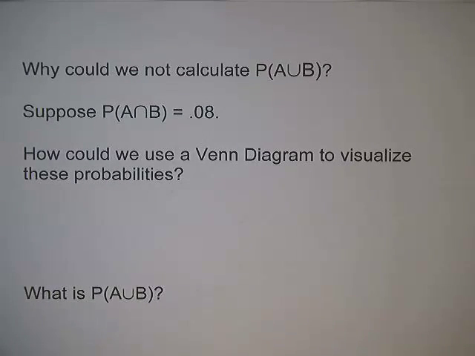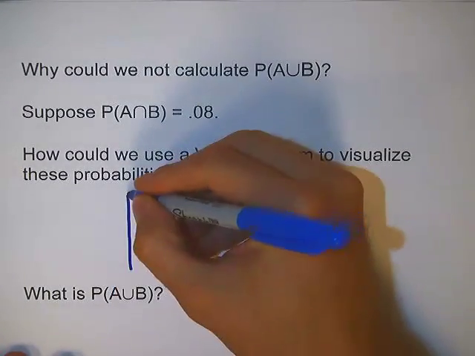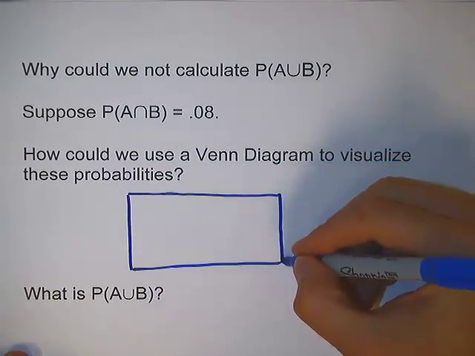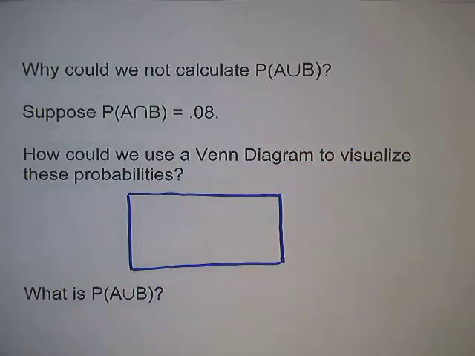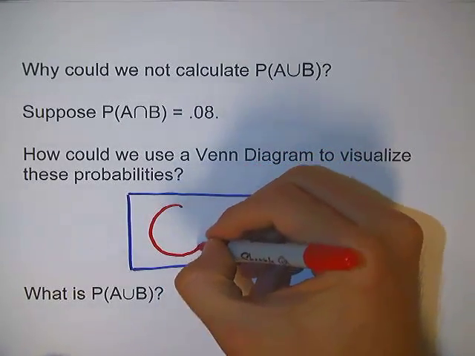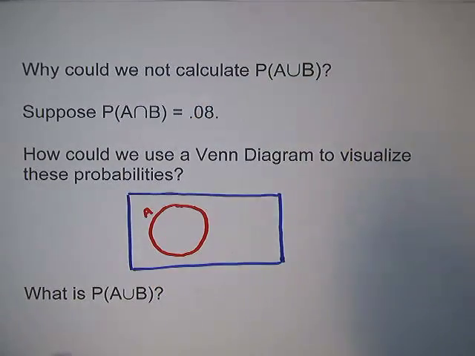All right, so I think it's helpful to visualize these probabilities in a Venn diagram. So let's draw a Venn diagram here. Okay, so what we're going to need is a circle for intro to statistics, which we'll call A, and a circle for intro to psychology.